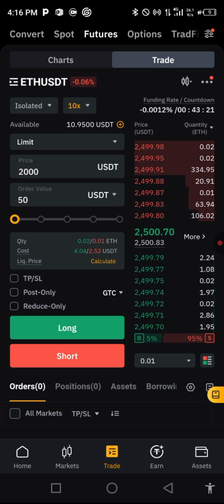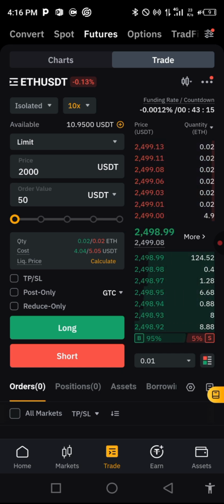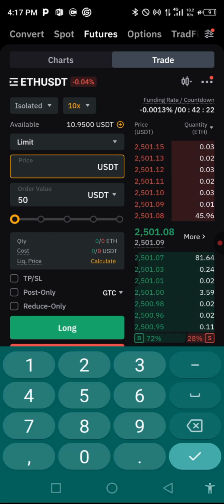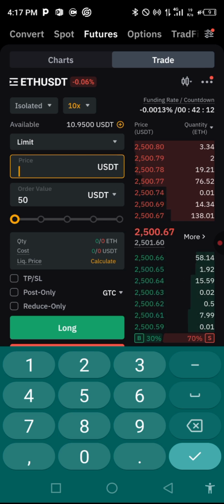All right, now the next thing you want to do is to set a sell order. The price of Ethereum is actually 2,500. Now you are thinking that it will get to 2,600, and once it gets there, it will drop again, based on the fact that you have seen a very strong resistance.